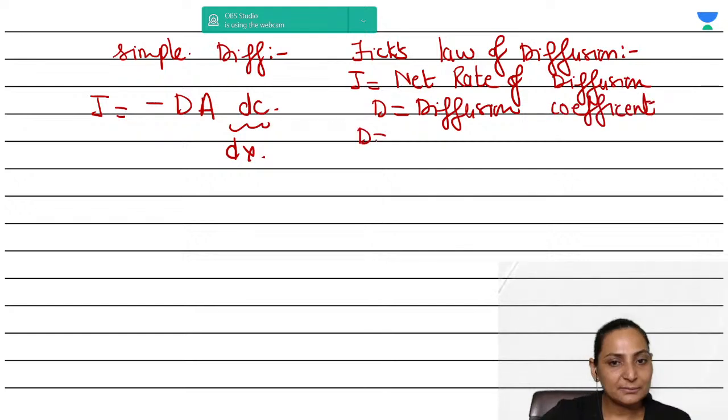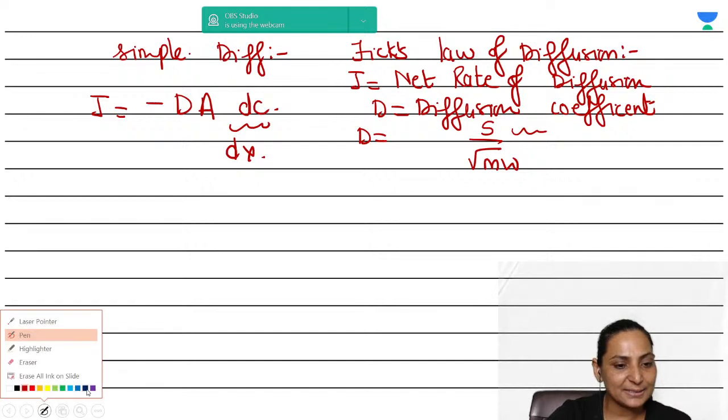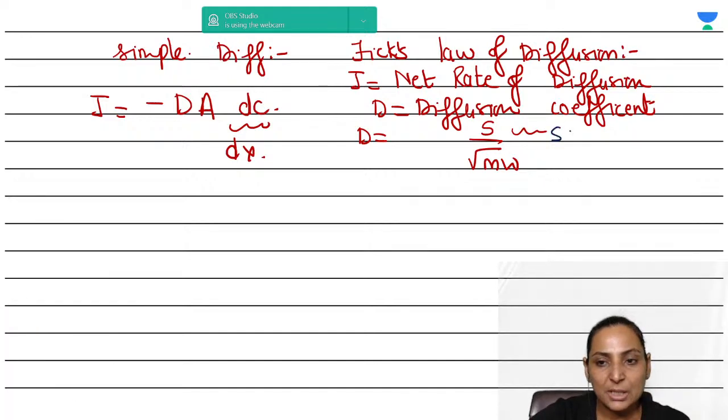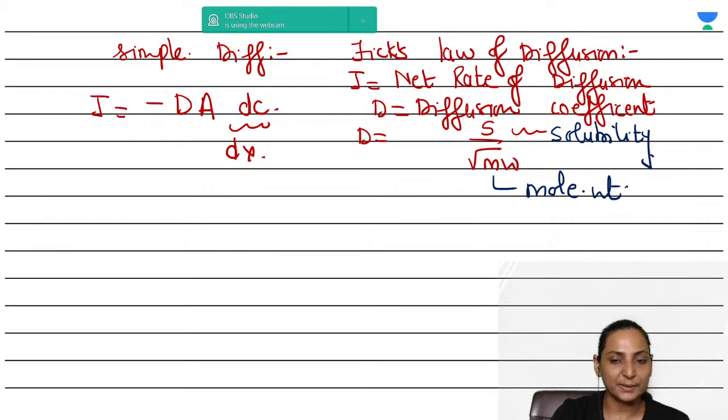This D depends upon the properties of the substance to be transported, right? It can be given as S divided by square root of molecular weight, where S is the solubility of the substance and mW is the molecular weight of the substance to be transported.